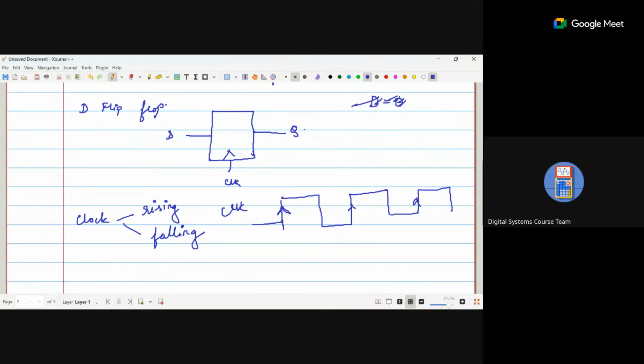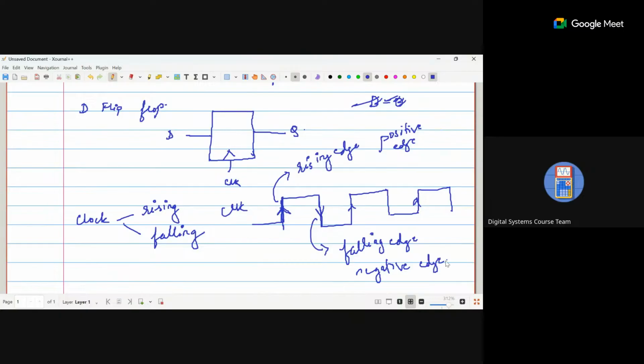This up which is going, this is the rising edge, and it is also called the positive edge. The side where it goes down is the falling edge or negative edge.